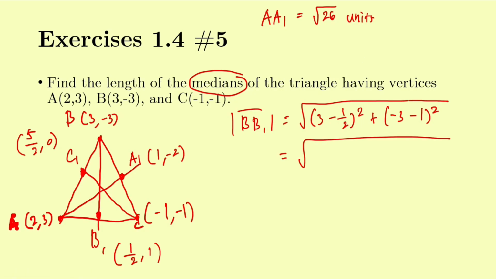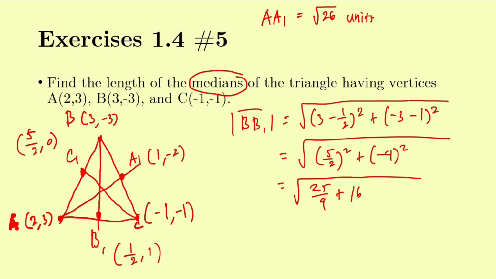That's equal to 5 halves squared plus negative 4 squared. And that will be 25 over 4. You square the numerator and denominator to end up with 25 over 4 plus negative 4 squared, which is 16.